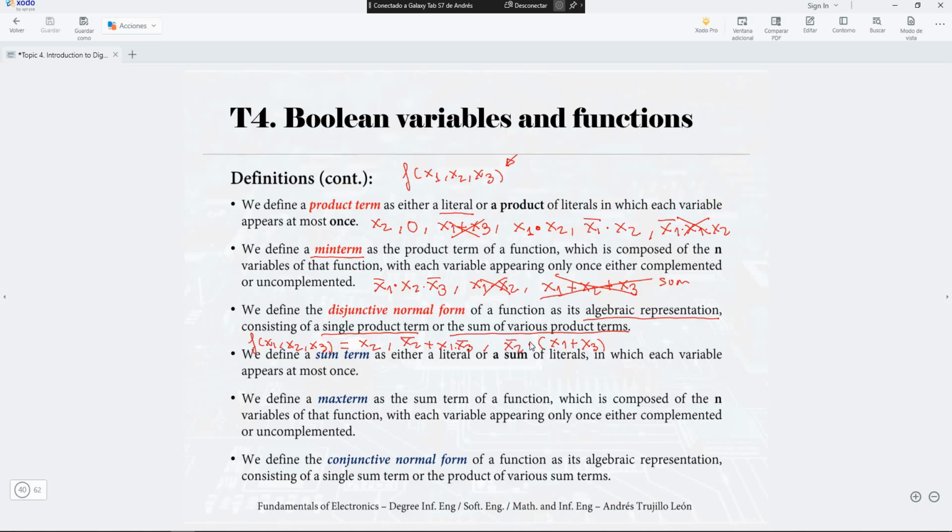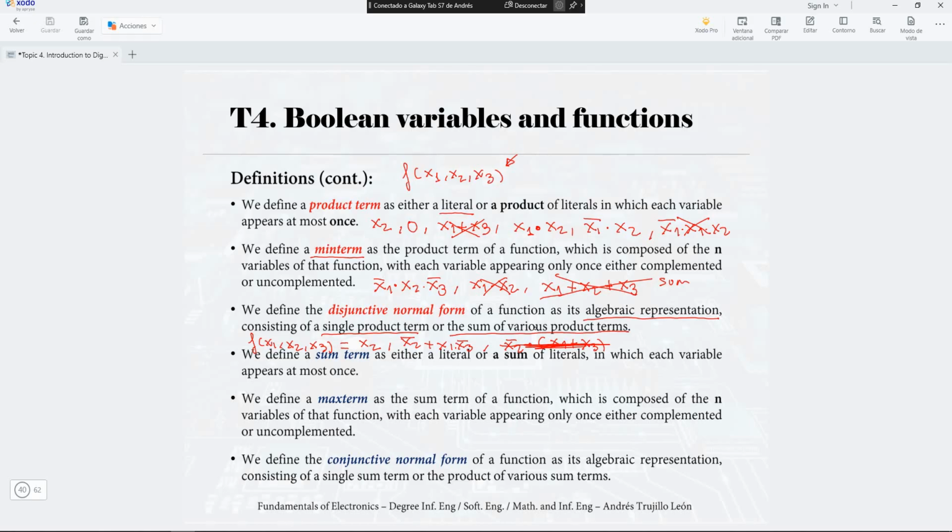This is the product, not the sum, of a product term multiplied by something that is not a product term. Okay? So, no. This is not a sum of product terms. I think that it is easy to understand, but you have to study to learn it.